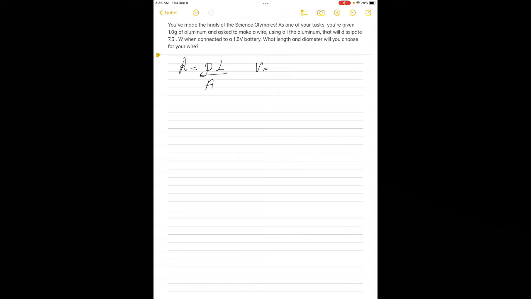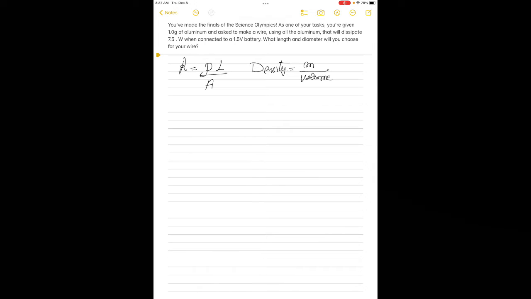So the volume will be equal to... the density equals the mass that we can use divided by the volume.